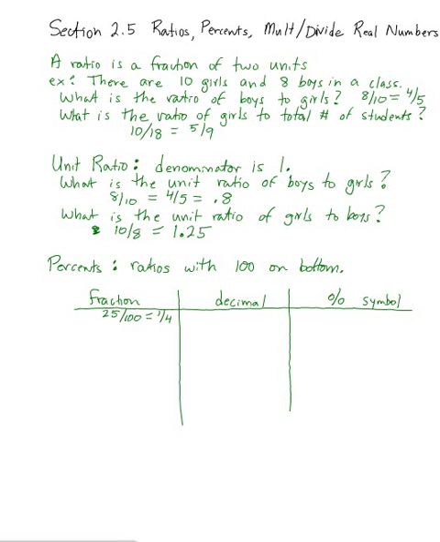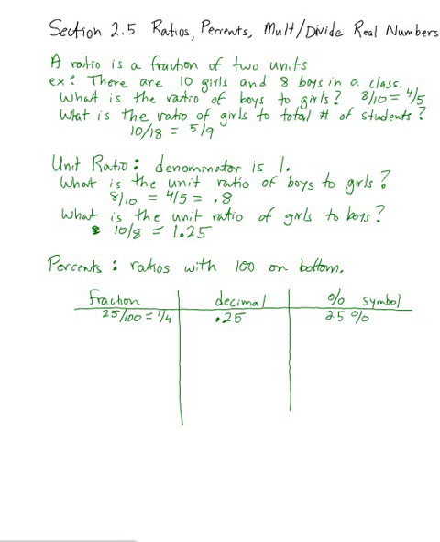But the reason I wrote it as 25 over 100 was because I wanted to show you how the fraction, the decimal, and the percent symbol all relate. 25 over 100 is 0.25. So you see where the 25 and the 0.25 are related. And then to write as a percent symbol, if you have the decimal value, you move the decimal 2 places to the right, and then you put a percent symbol on the end. So 25% would be the same as saying 25 over 100. Again, percent stands for per 100.